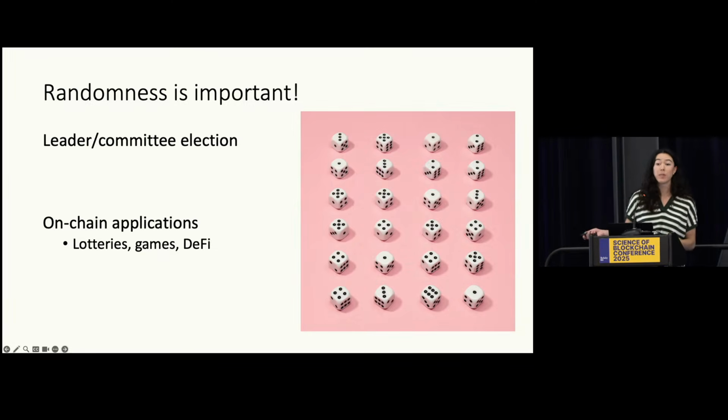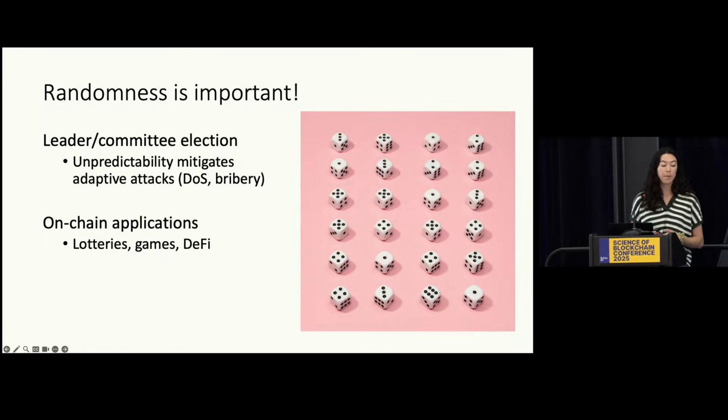And you've probably seen that in blockchain settings, randomness is extremely important. Randomness is often used in consensus for leader or committee election, because it gets us nice properties, like it helps mitigate adaptive attacks, where an attacker might attempt to predict who will become leader and engage in denial of service or bribery attacks.